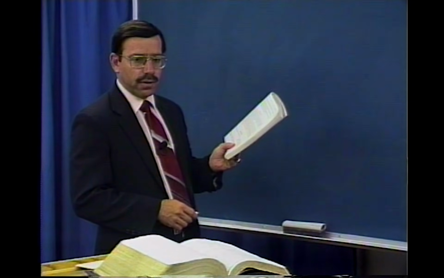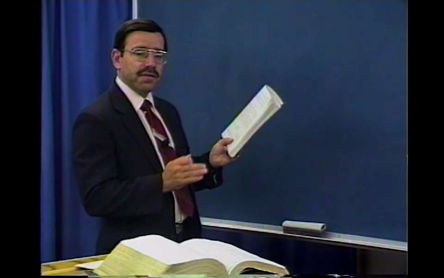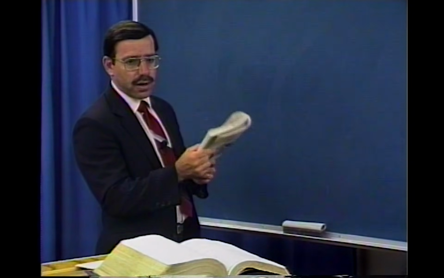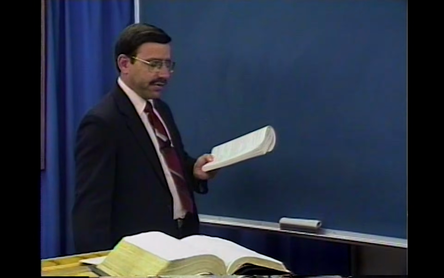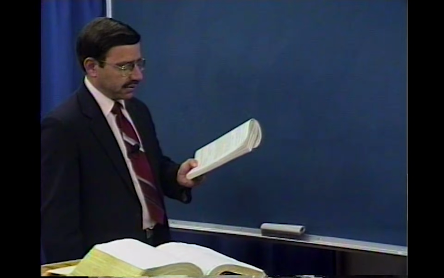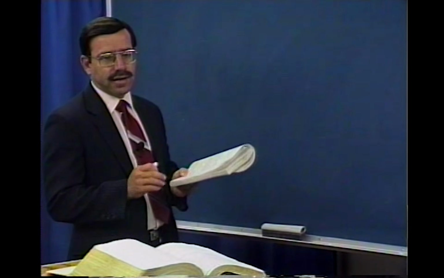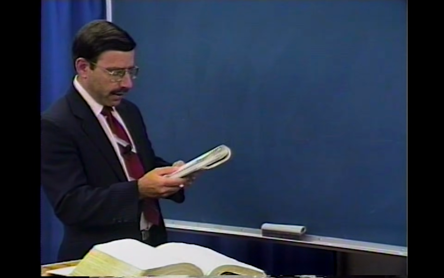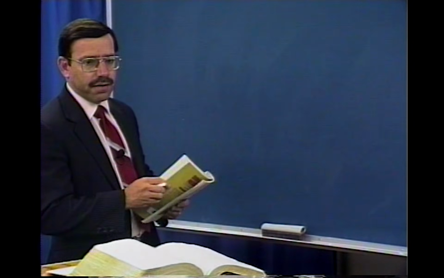You need to do that on your own, though. Continue to do all of the exercises and all the things that are required. But the time that we'll spend together in this particular lesson will deal with learning how to write these Hebrew letters the correct way.